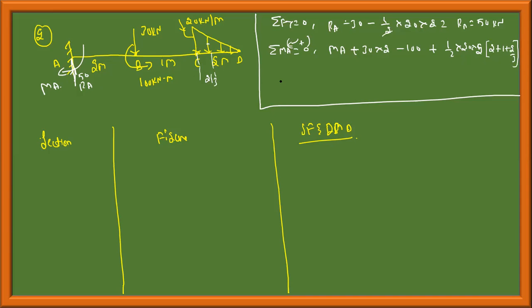Can you tell me what is MA plus 60 minus 100 plus 20 into 11 by 3?